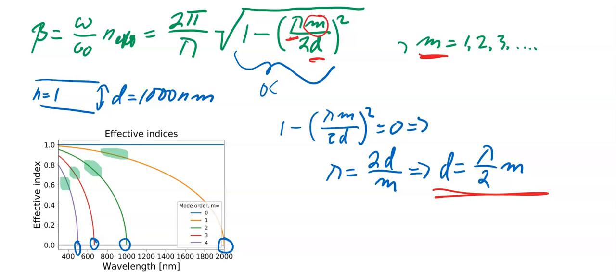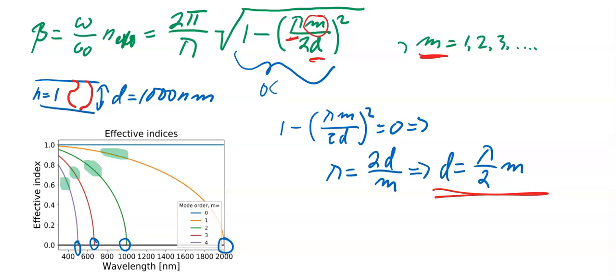And we'll see condition of cutoff is simply the distance between the mirrors is multiple of the half wavelength. So it means that for mode order 1, one half wavelength fits between the mirrors. For mode order M2, 2 half wavelengths fit between the mirrors, and so on.